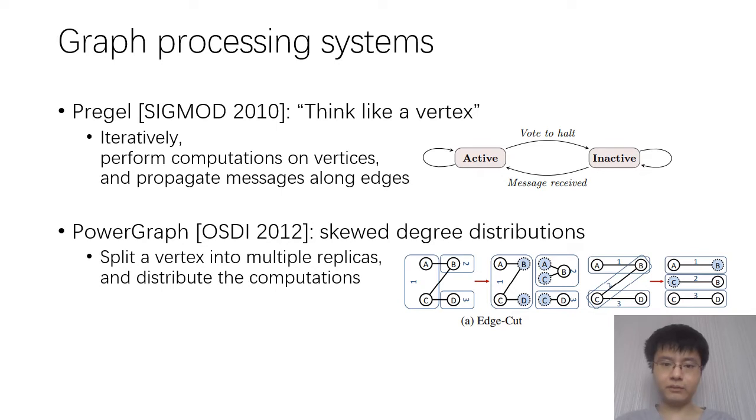The second is PowerGraph, which presents an elegant solution to skewed degree distributions commonly seen in natural graphs. The central methodology here is to split a vertex into multiple replicas, and thus distribute computations onto multiple partitions.